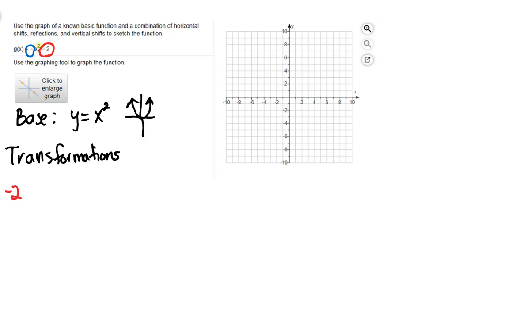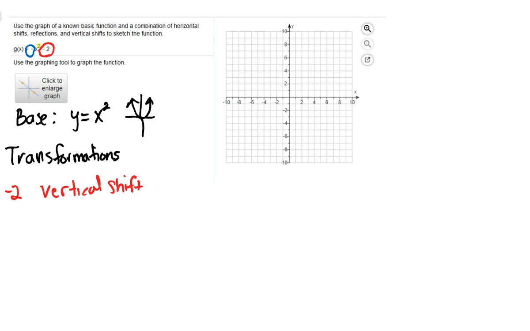That -2 is a vertical shift. I know it's a vertical shift because I have a few things memorized. Shifts always happen when you have adding or subtracting in your equation. So because I have a subtraction here, I know it's a shift. But I know it's a vertical shift because of where that adding and subtracting occurs.